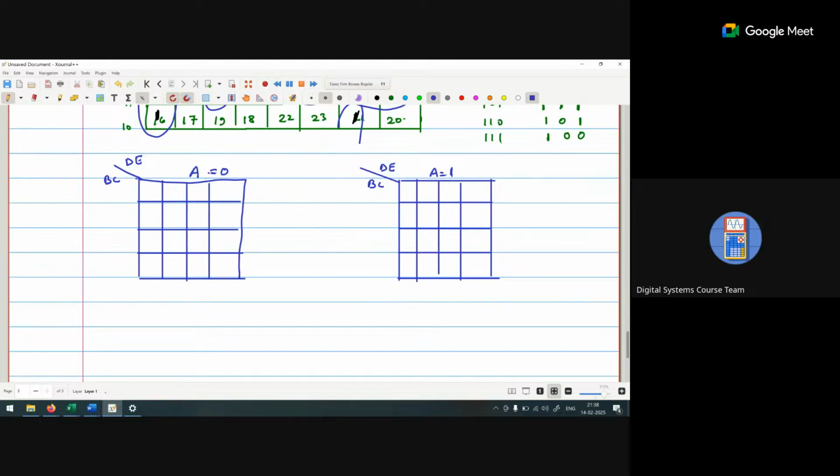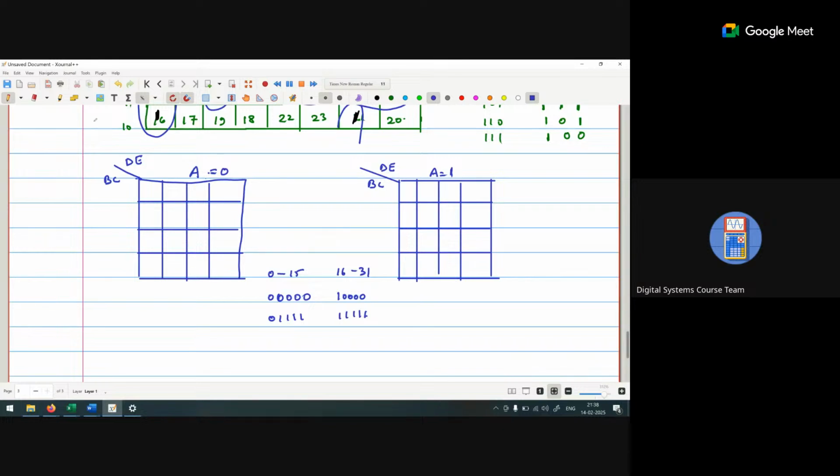Okay. Now, if you remember, if the number is 0 to 15, the 5-digit number is from 00000 to 01111. And if the number is 16 to 31, the value is 10000 to 11111.